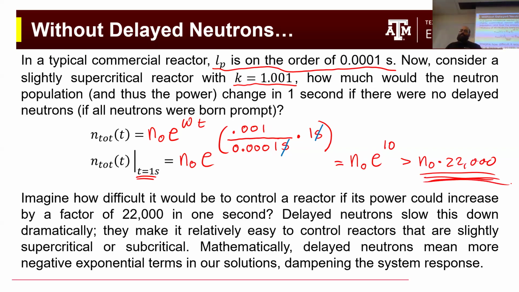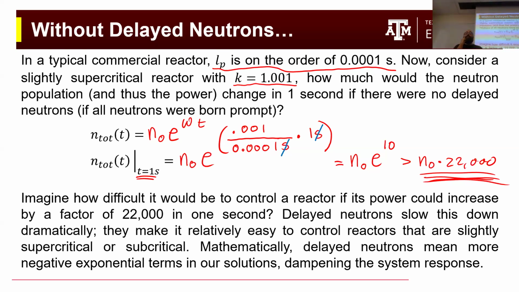So what that means is that if there were no delayed neutrons, if all of our neutrons were just born as prompt neutrons, then if the reactor ever got to a state slightly above critical, in just 1 second the population of my neutrons could change by a factor of 22,000.